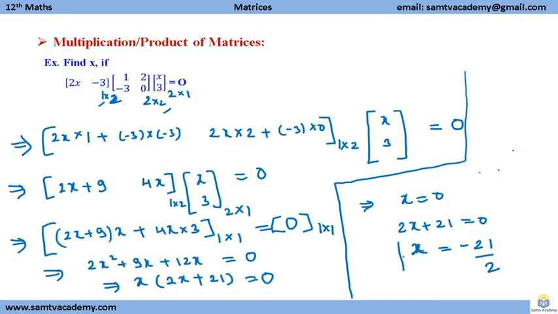So these are the two values. One value is x is equal to minus 21 by 2 and one is x is equal to 0.